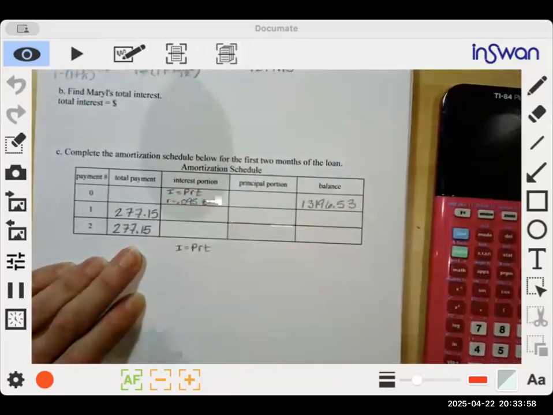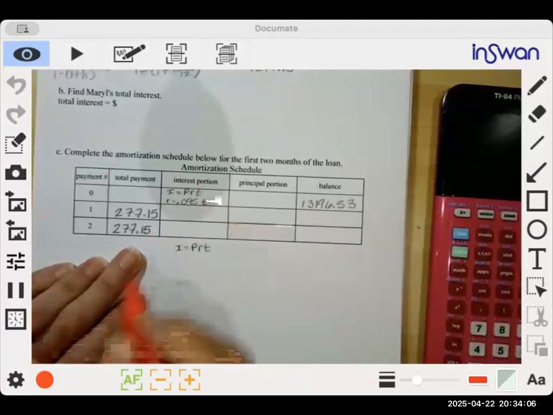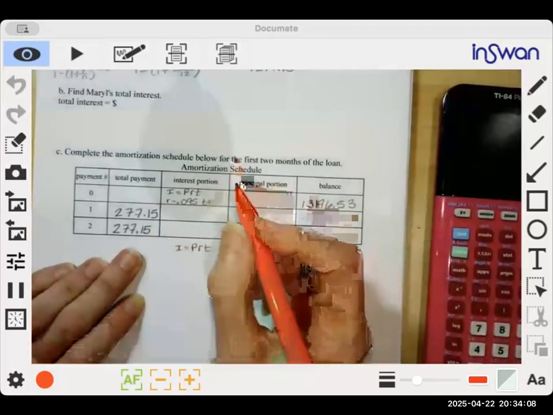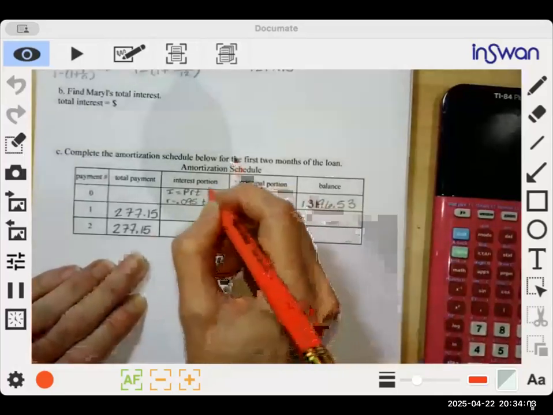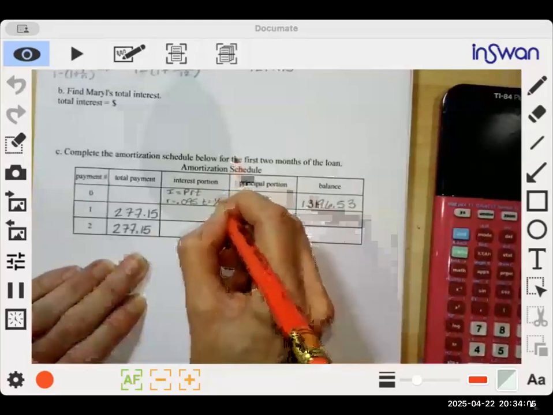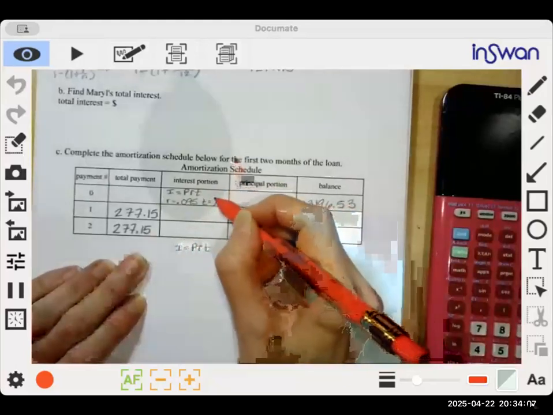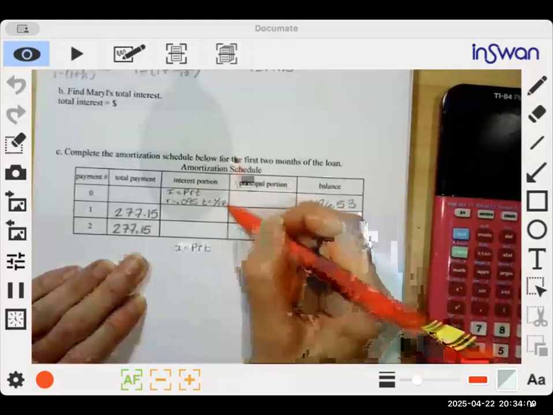So this is tricky. What are you guys doing for time on this one? It's 1 month. It is 1 month. So how do I put that 1 down? 1 divided by 12. Yes. Okay, so it's 1 month out of 12 months in a year.